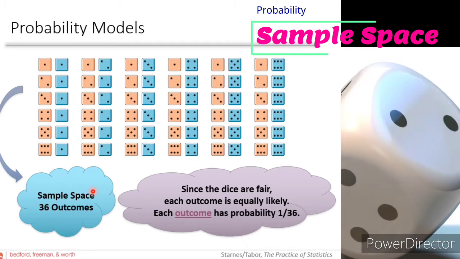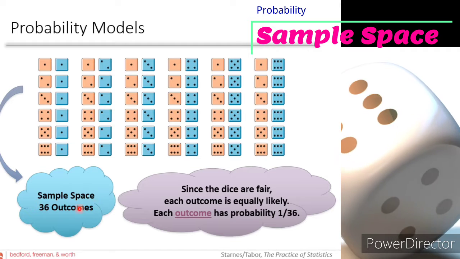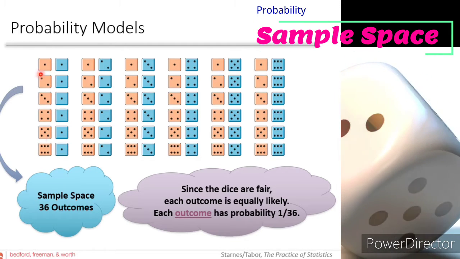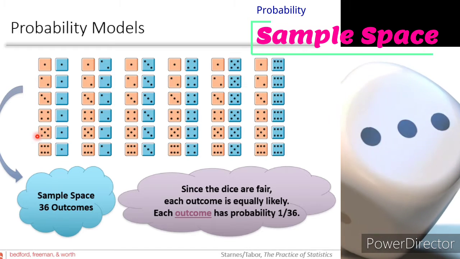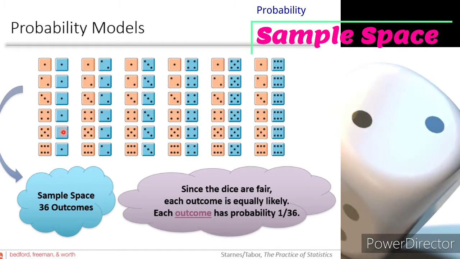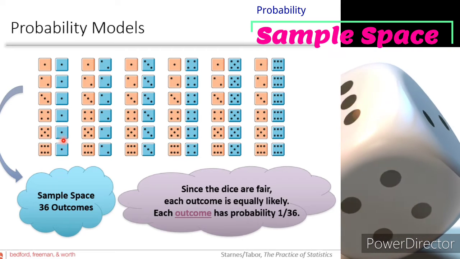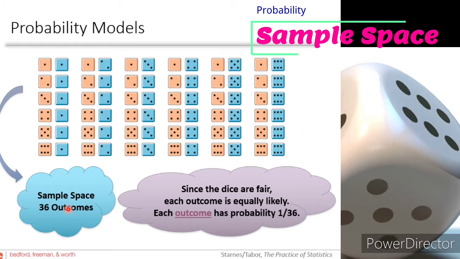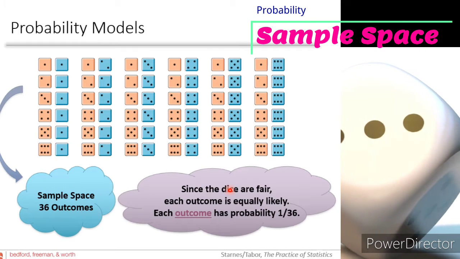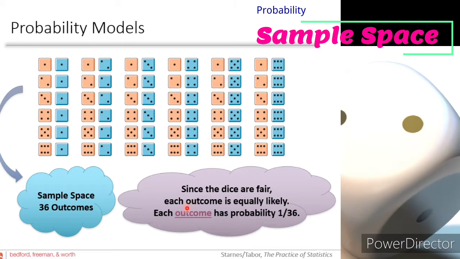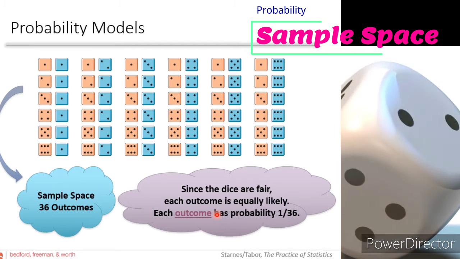So, ang total number of sample space natin is 36 outcomes. Kasi yung ating first die, meron tayong 6 faces times yung another die na meron ding 6 faces. And that's why we have 36 outcomes. Sabi rin dito, since the dice are pair, ibig sabihin walang daya, each outcome is equally likely.